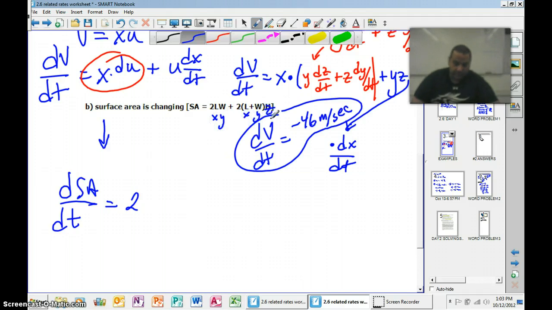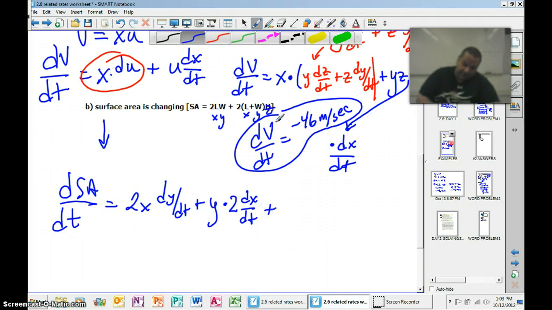It's first times the derivative of the second plus the second times the derivative of the first. The derivative of 2x is 2 dx dt. Then plus, if I multiplied that out, there's an h outside, so I'd get 2xz plus 2zy.